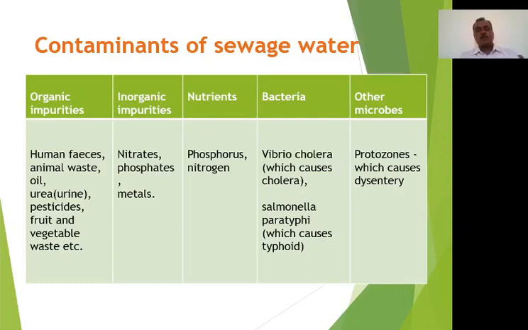Nutrients such as phosphorus, nitrogen, and bacteria such as Vibrio cholerae which causes cholera, Salmonella paratyphi which causes typhoid, and other microbes such as protozoans which cause dysentery. These are the contaminants of sewage water.